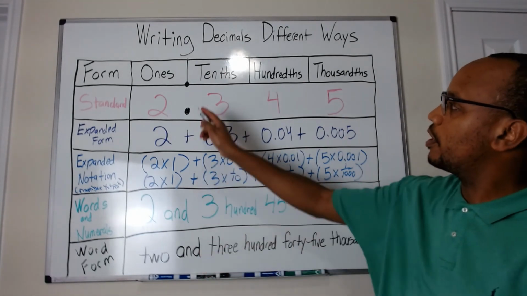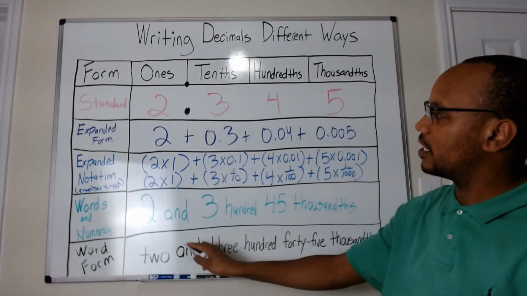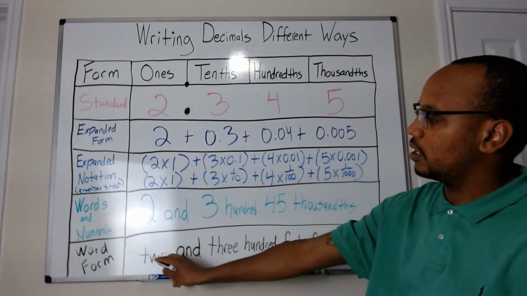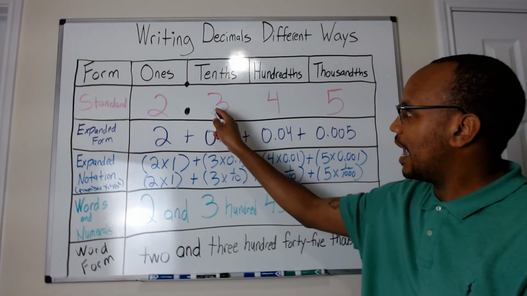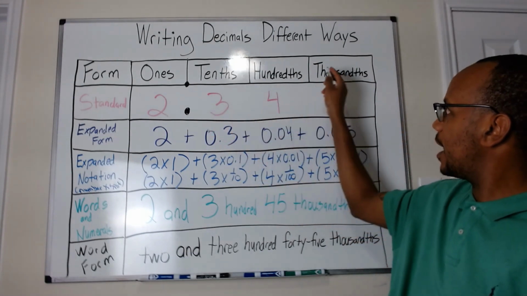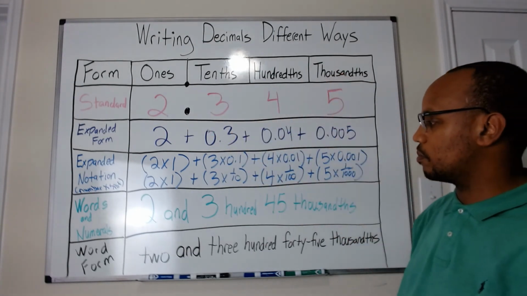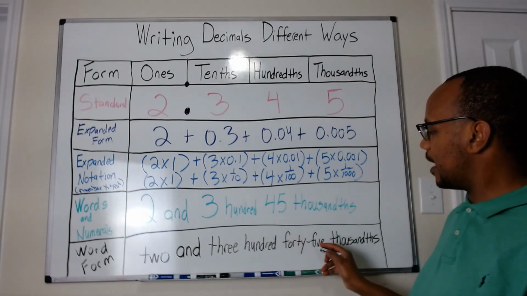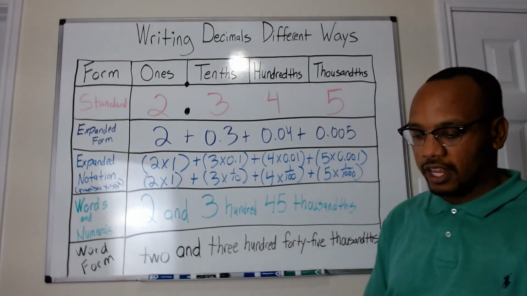Again, decimal point is where it's at. The decimal point means and. In front of the decimal point, 2. Behind the decimal point, 345, and the 5 stops in the thousandths place. 345 thousandths.